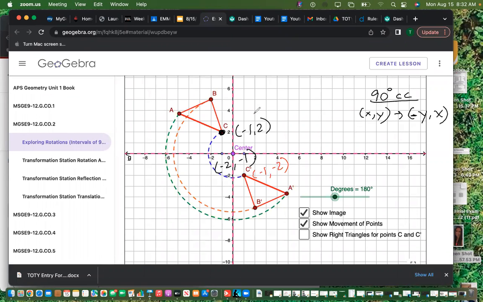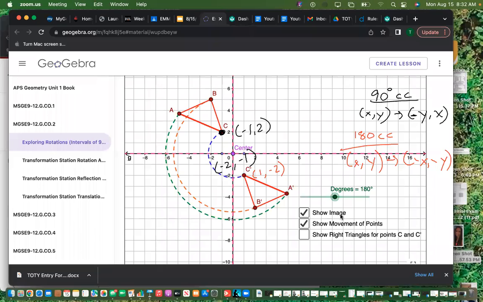I'm sorry, 1, -2. So what that is for 180 degrees counterclockwise is we're going to take XY and change the sign of both X and Y. We're going to make them both the opposite signs.